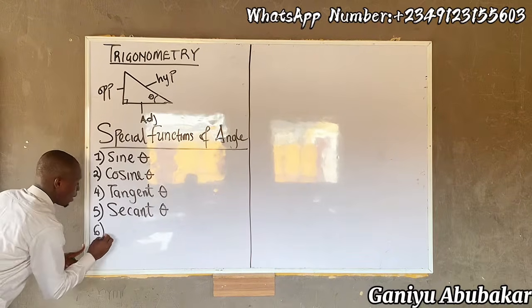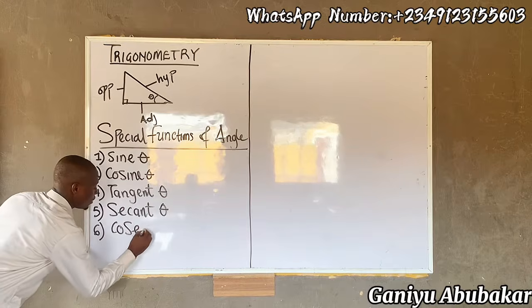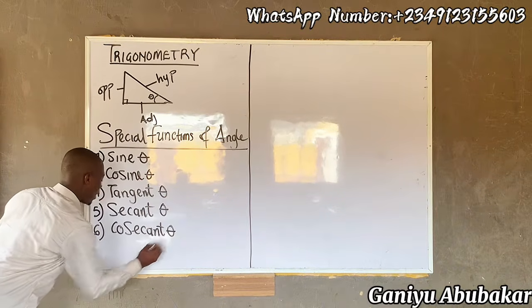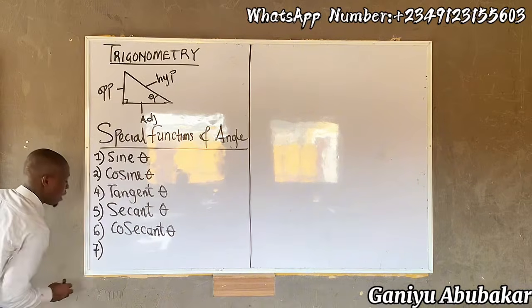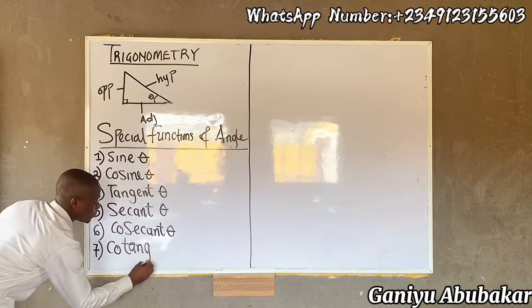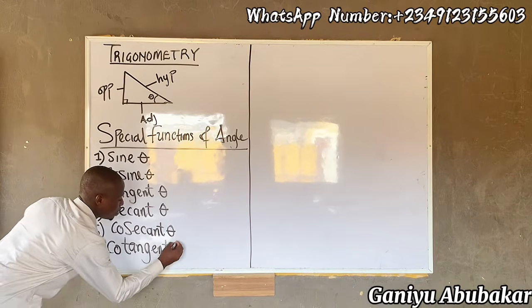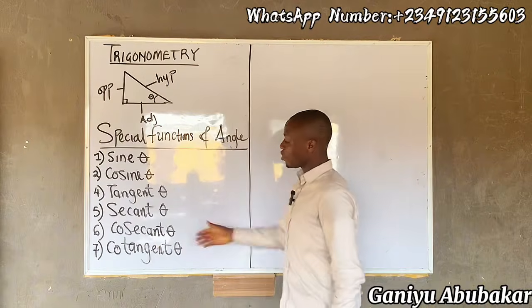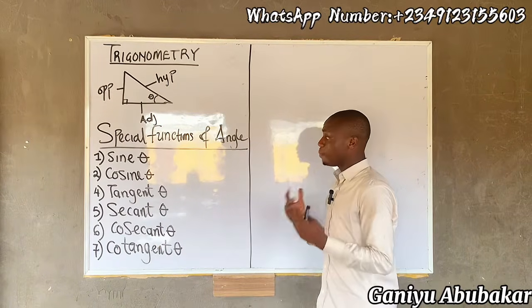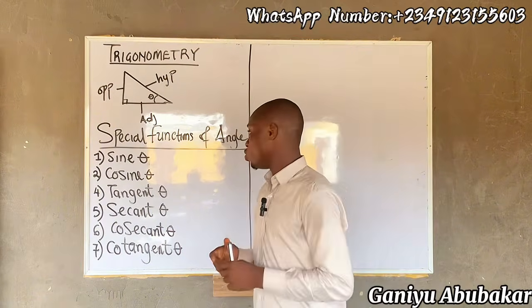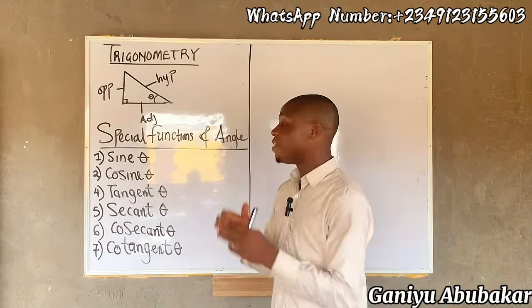Number 6, I have cosecant theta, and 7, finally I have cotangent theta. These special functions of angle, please, you need to memorize them, or let me just say you cram them, because they are very important.